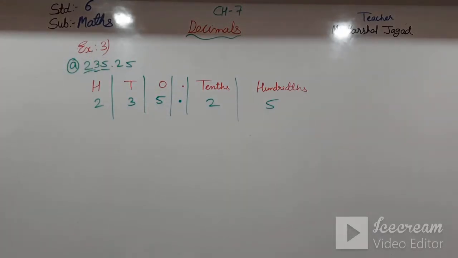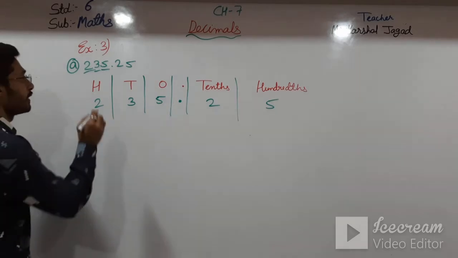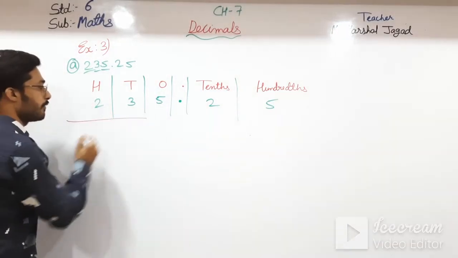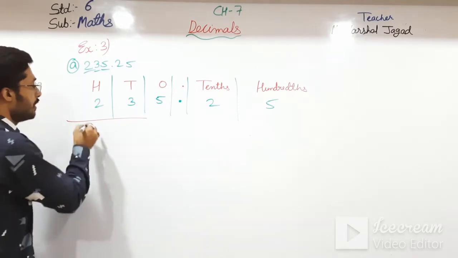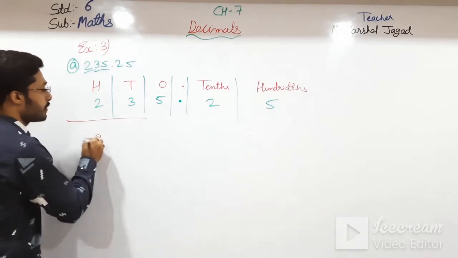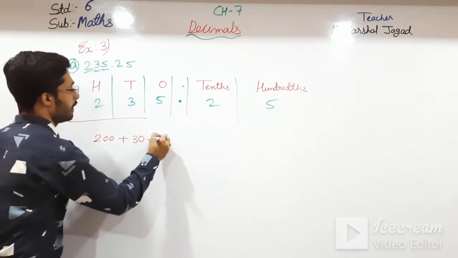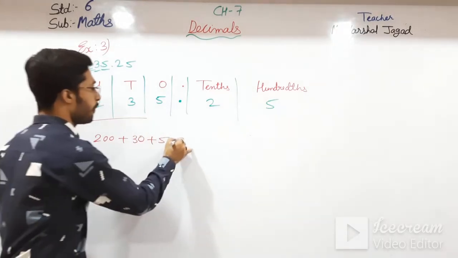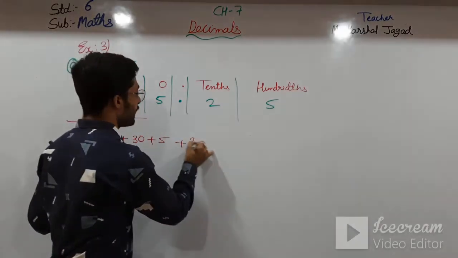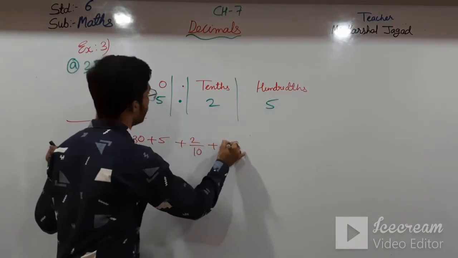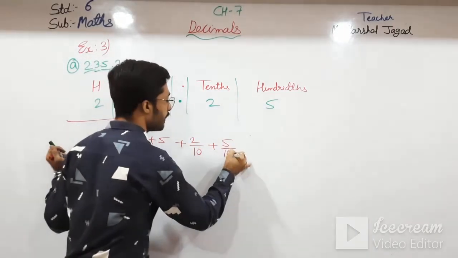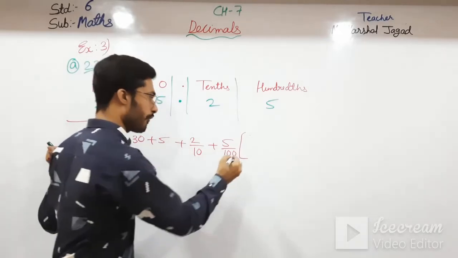Now, what do we have to do next? Give their expanded form both in decimal and fraction. How will we do this? Expanded form, that is 200 plus 30 plus 5 plus 2 by 10 plus 5 by 100. This is in the form of fractions.